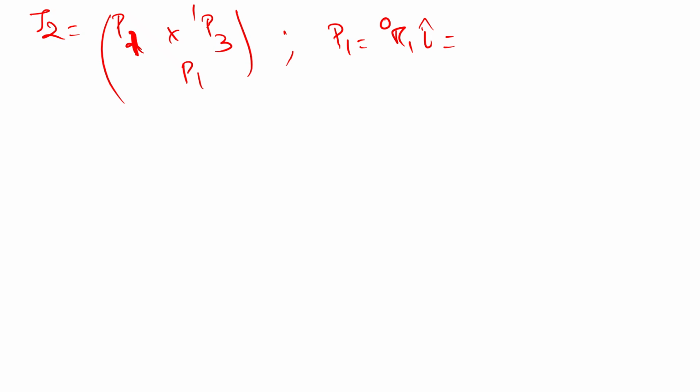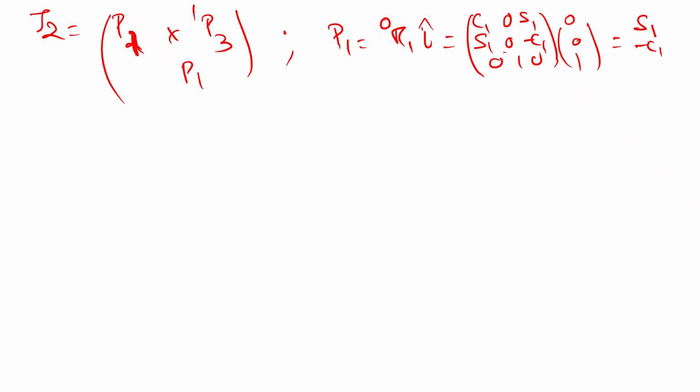So your R10 is C1, 0, S1, and S1, 0, minus C1, 0, 1, 0, because from the transformation matrix I have taken the R1 part, I mean the rotation part. So that is multiplied by 0, 0, 1. If you multiply this, you will get this last column: S1, minus C1, 0. So this is my P1.